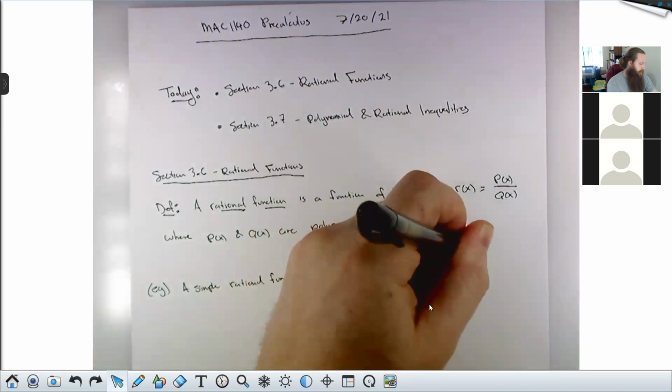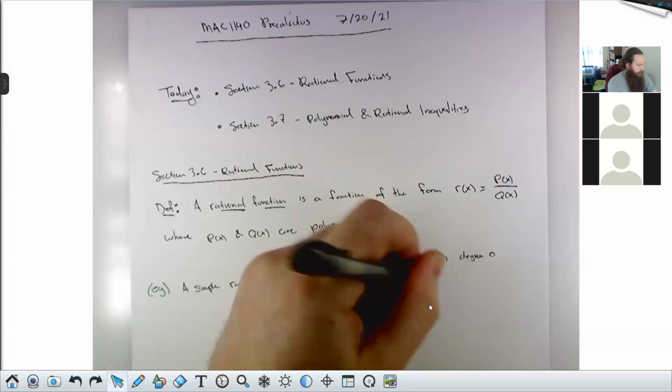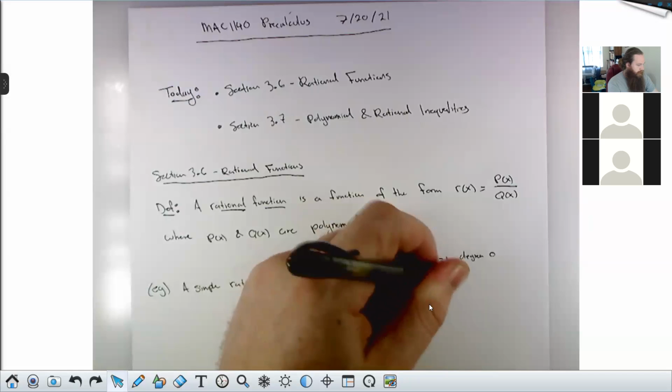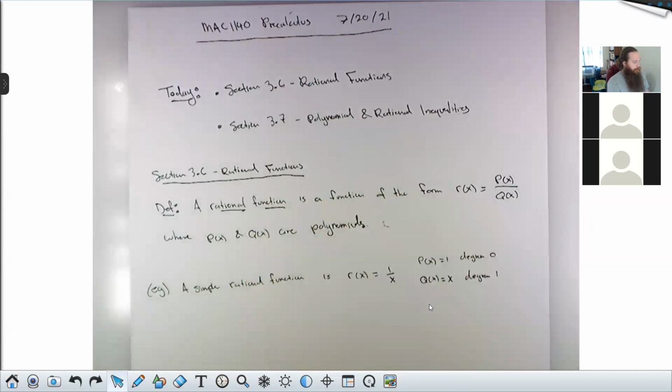It's a degree 0 polynomial. Your q of x is just x. That's a degree 1 polynomial. All right, so this is of the form p over q, where p and q are both polynomials. We don't normally think of 1 as being a polynomial, but it is. It's a degree 0 polynomial.